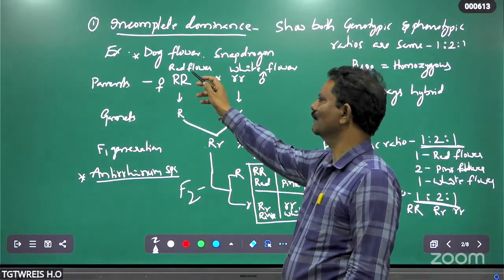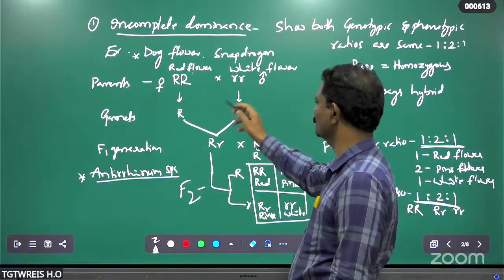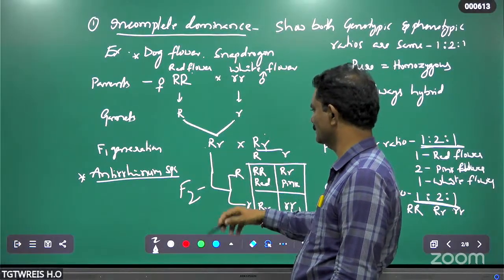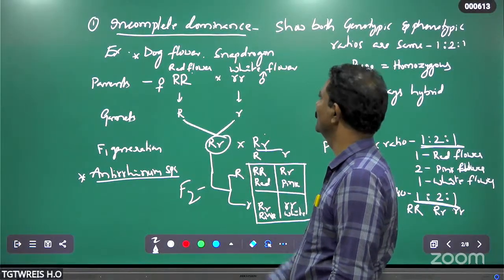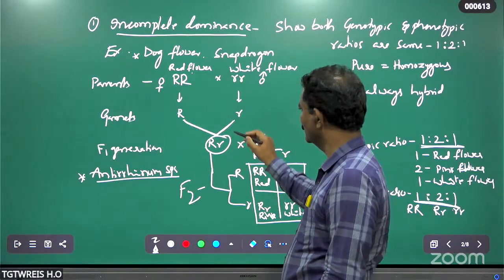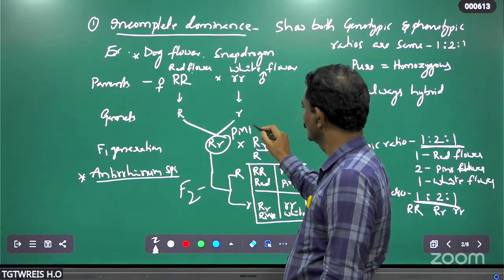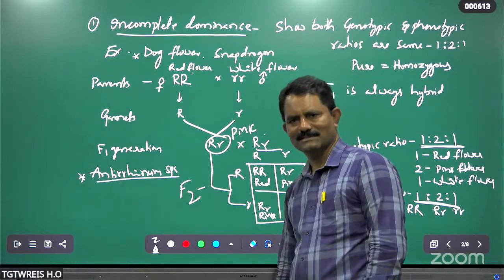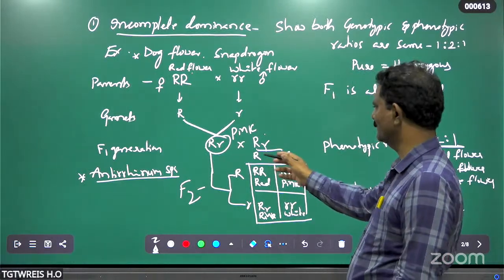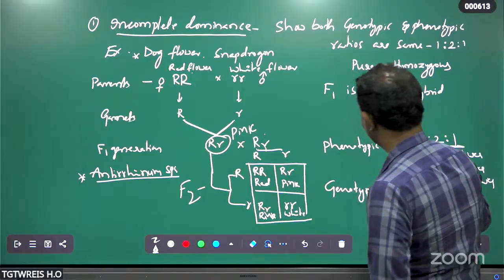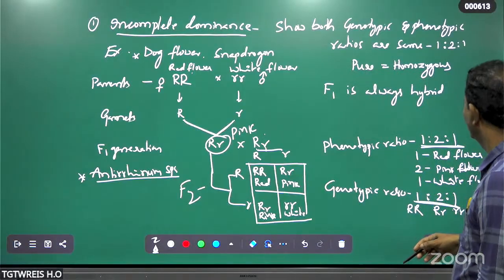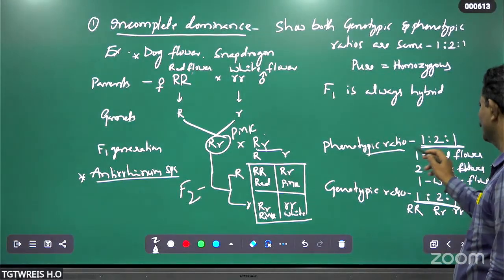Here the red flower plant is crossed with the white flower plant, and we get the F1 generation. The F1 generation shows pink colored flowers. When the F1 is self-fed, then we get 4 plants. The phenotypic ratio is 1:2:1.